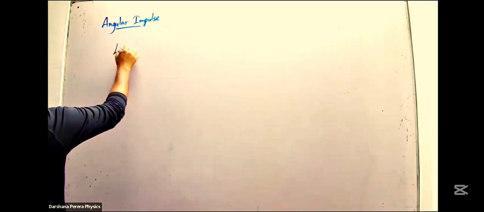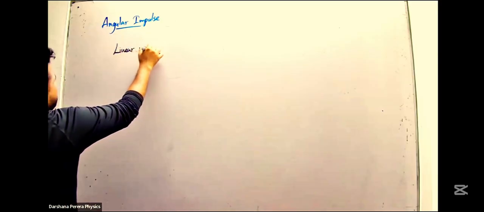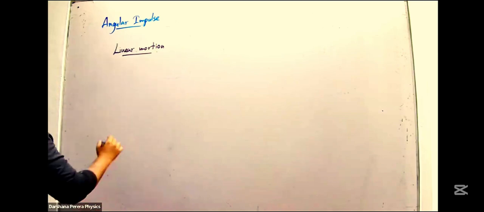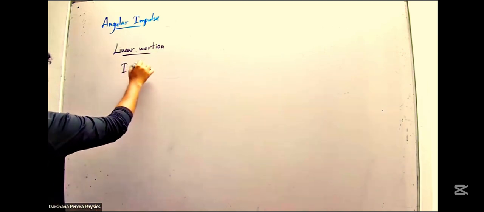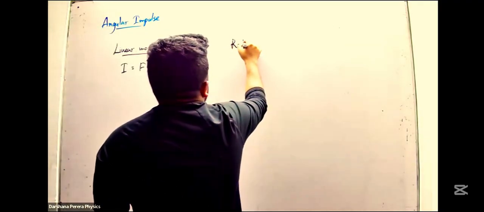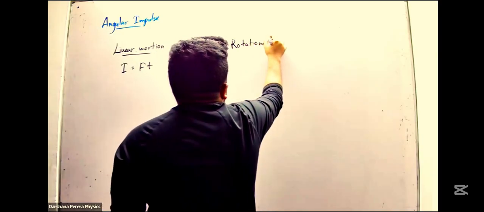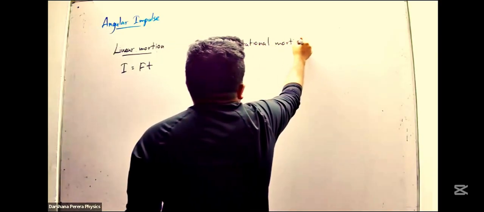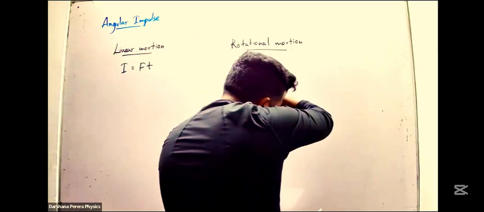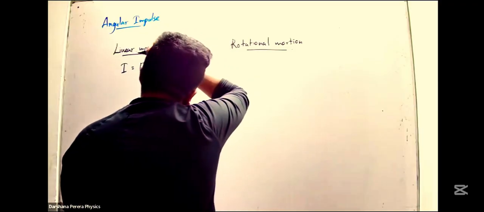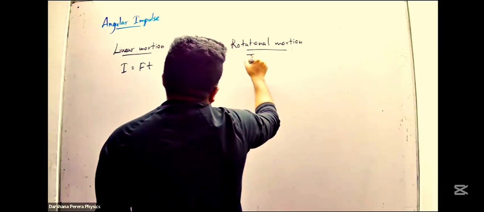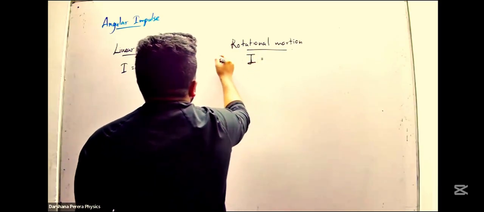In linear motion, we know there is the formula I equals Ft. Likewise in rotational motion, the impulse we can take as J or I. It's not the moment of inertia.